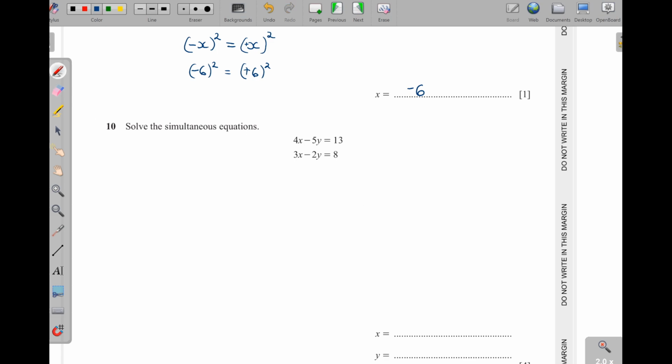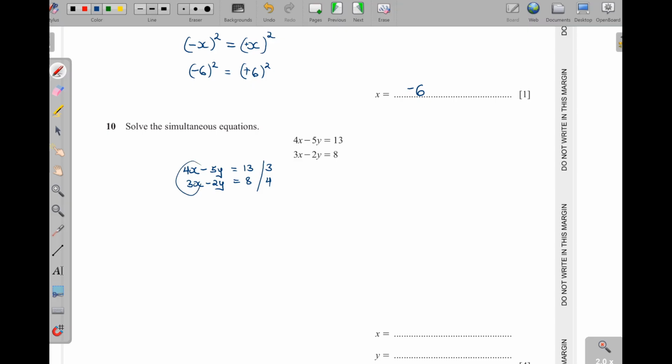In this paper here, we always use elimination and substitution. Now, what we are going to do, we are going to get this 4x here. I'm eliminating x. This is 3x minus 2y, which is equal to 8. So the coefficient of x here, I multiply it through here. And also the coefficient of x here, I multiply it through this equation. Why?